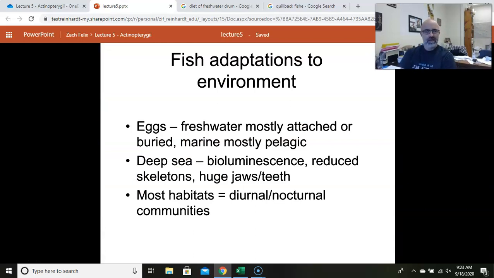Now we're going to talk about some general trends with fishes and their evolution and their ecology. So some cool trends, right? In freshwater, particularly in the creeks, fish attach their eggs to something.